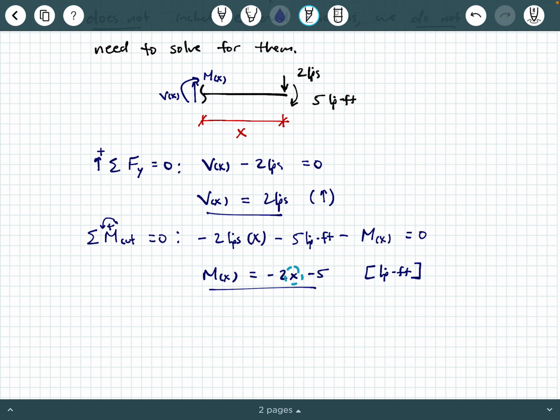If I plug 0 into the moment function for part B, I still get negative 5. So physically, the values of the moment are equal to each other, whether I'm using my functions from part A or part B. I'm just defining that x variable differently, so you have to plug in values of x accordingly based on where your origin is and what you're taking as positive.